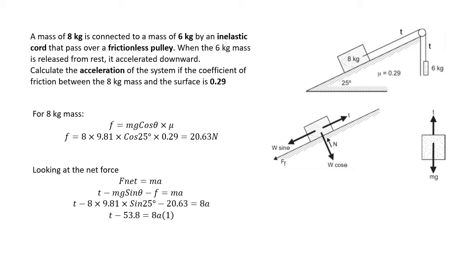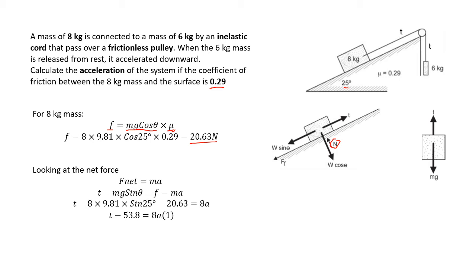So here we have the friction, where friction equals the normal force times the coefficient of friction. So the normal force here would be mg cosine 25 times the mu, which we know, and that gives us 20.63 Newton of friction.